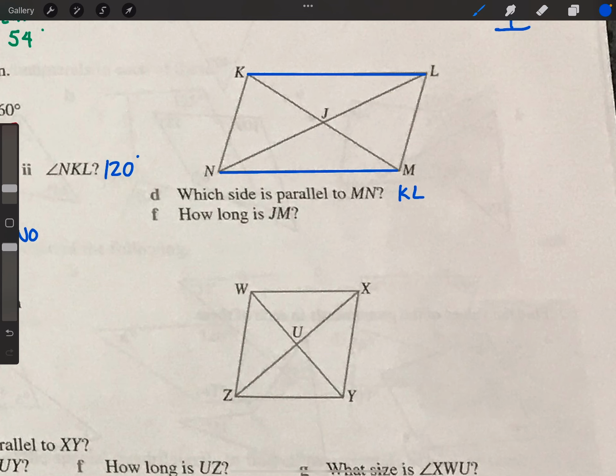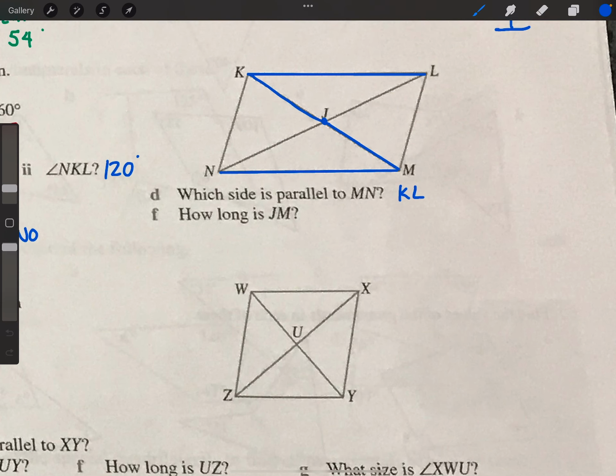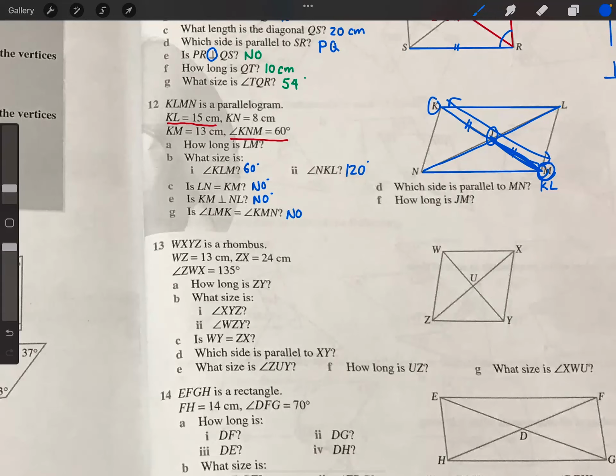How long is JM? Alright. Now we know the diagonals bisect each other, so that means the diagonals of the parallelogram cut each other in half. Now JM is from here to here. We need to know the distance KM. Do we have a distance KM? I think it's given to us.